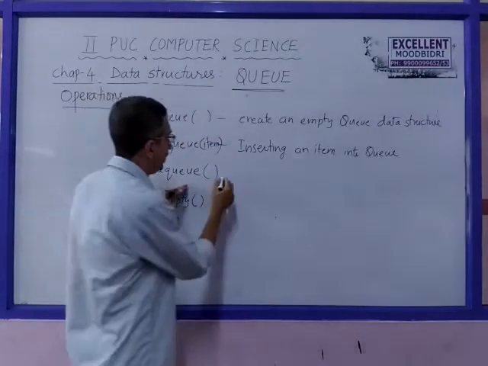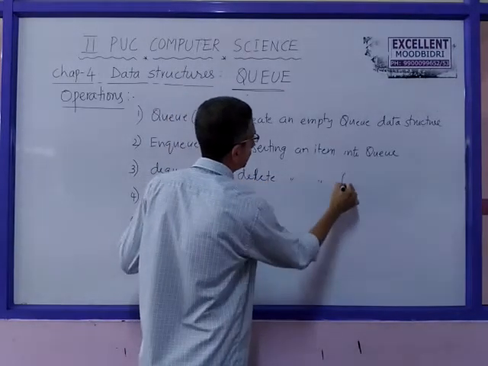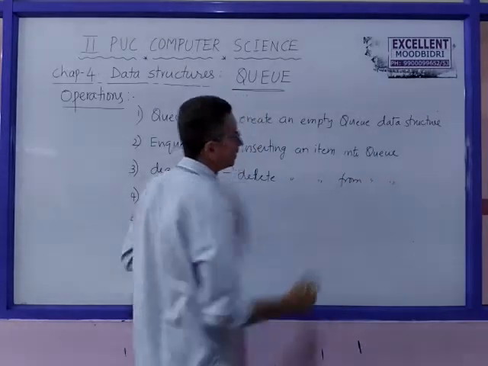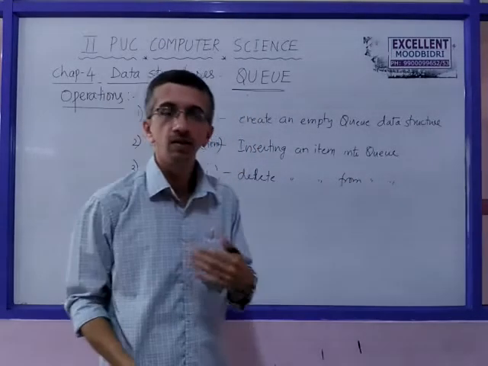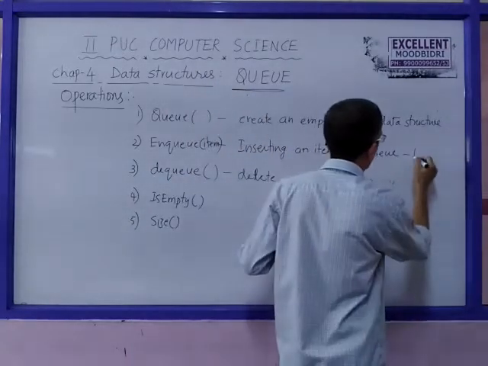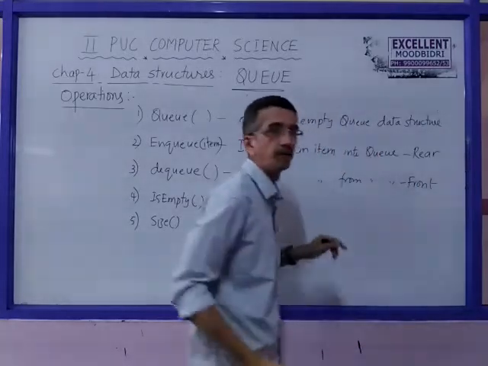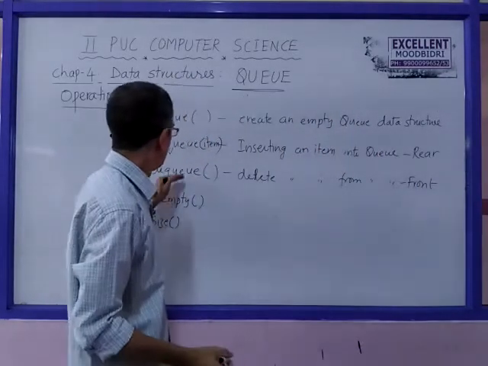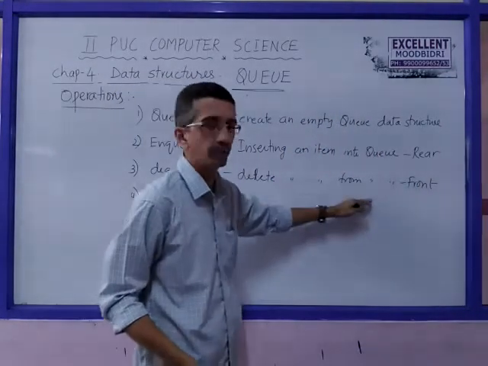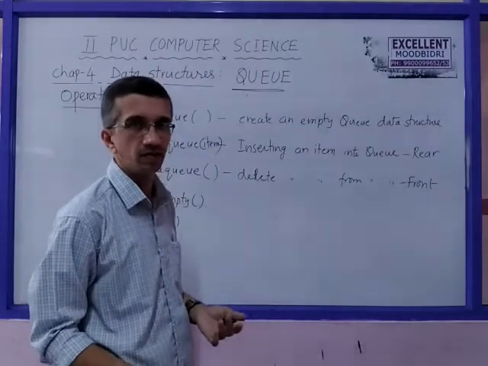And DQ is to delete an item from the queue. It is just popping, removing an item from the front only. Insertion is at the rear end and deletion is at the front end, to maintain the principle of operation of a queue. DQ, deleting, removing an item from the front. This also modifies the structure of the queue.